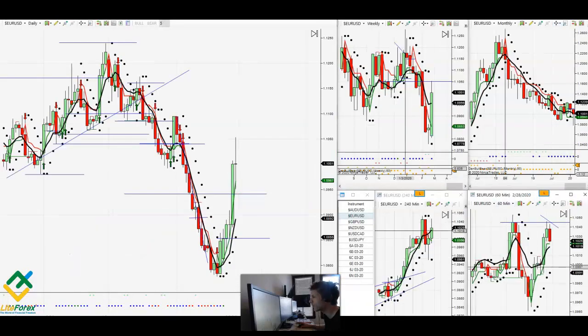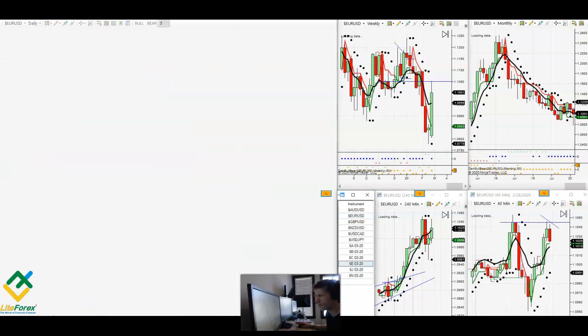To me, it looks more like we could come down next day. Now the center line is 1.0941. Let's see if it can hold that line, but after a move like this, I'm expecting some downside on the Euro USD. Let's take a look at the futures and see.